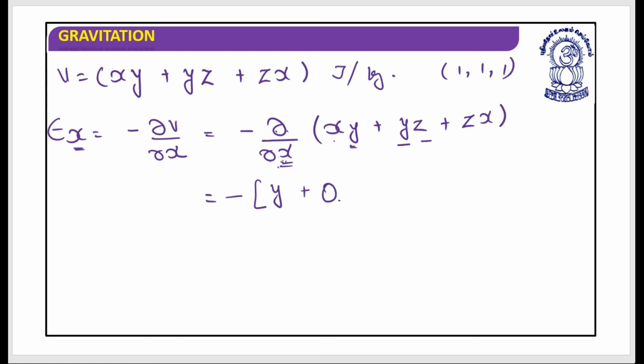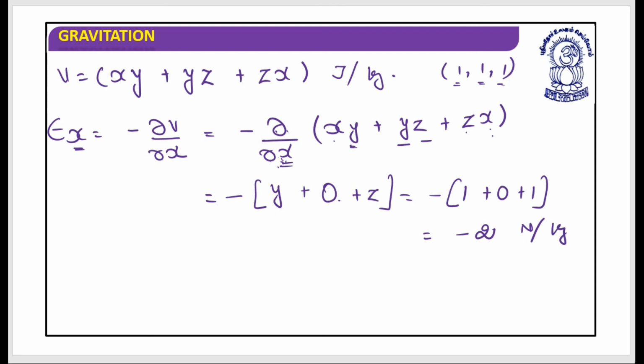Then del by del x of zx, del by del x of x, is just z. Now let's put the value (1, 1, 1): it is minus of 1 plus 0 plus 1. So this is equal to minus of 2, which is Newton per kg.